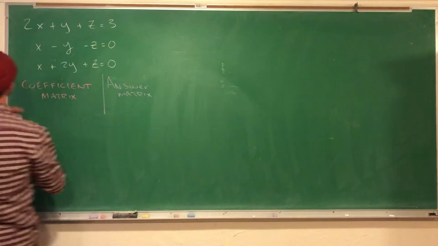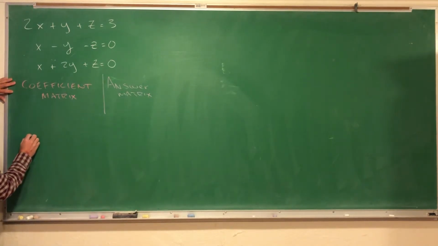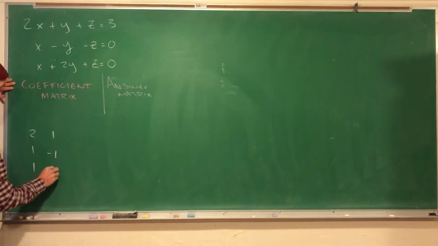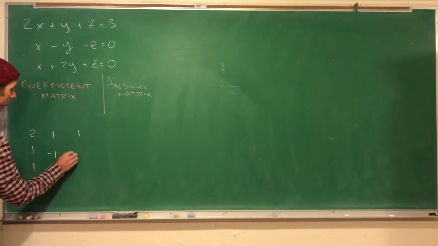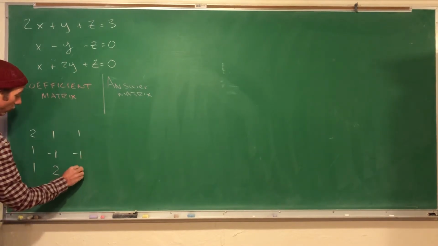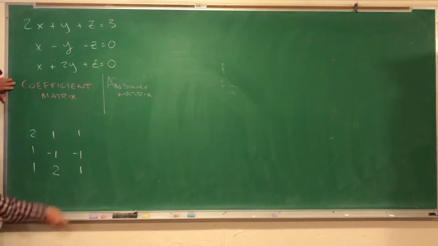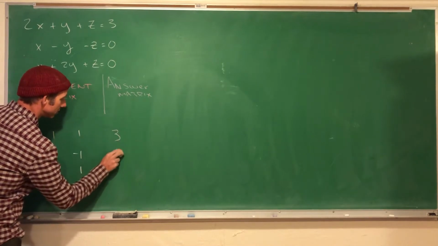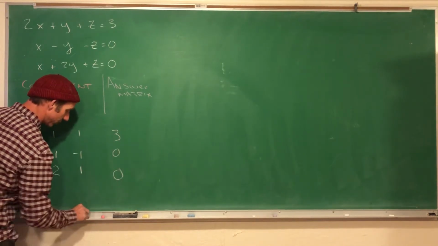So I'm going to write the coefficient matrix. 2, 1, 1, 1, negative 1, 2, 1, negative 1, 1. And over here, I'm going to write the answer matrix. 3, 0, 0.